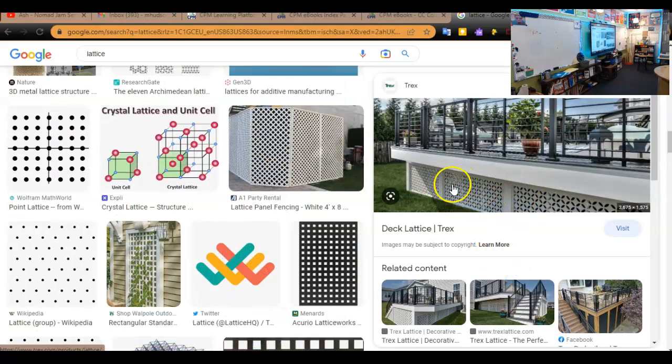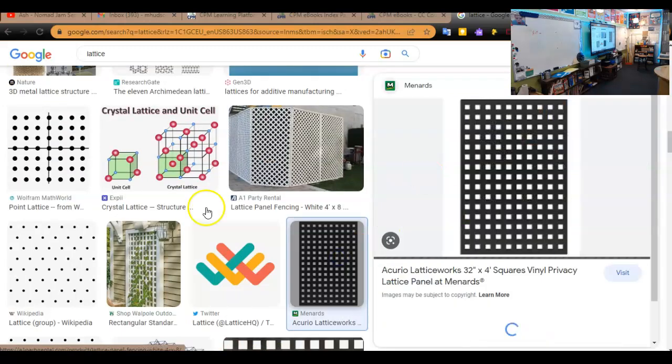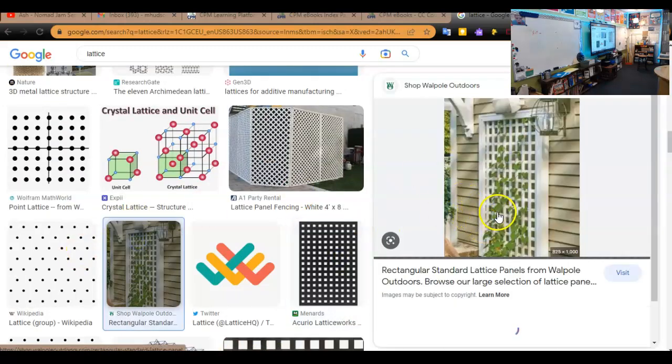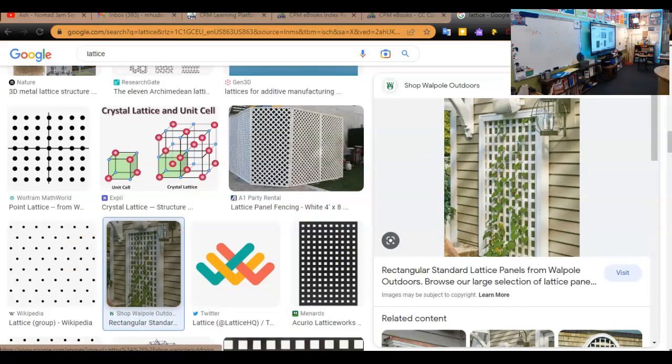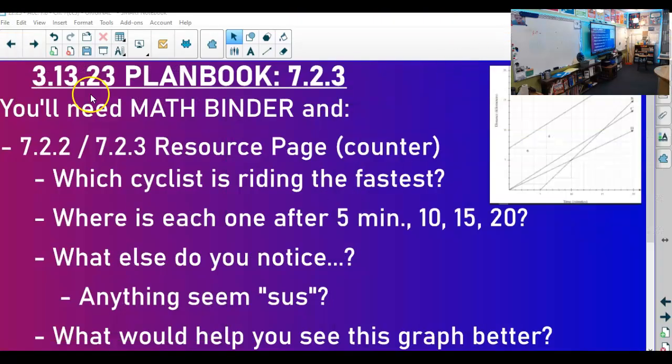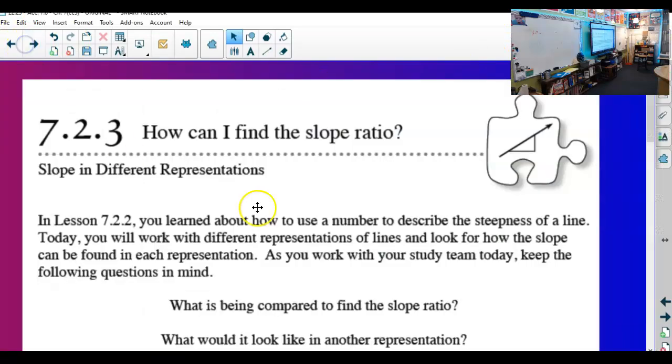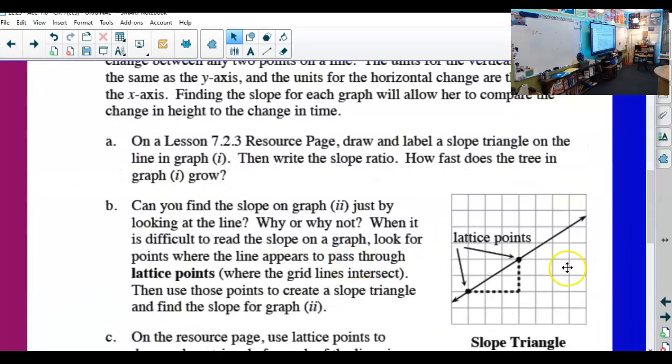You might install decorative lattices, but these are called lattices, and that is what leads us to having lattice points. Lattice points are what allow us to find the actual numerical slope, because we need to know exactly where those points are. So we can't just take random points. We need nice lattice points.